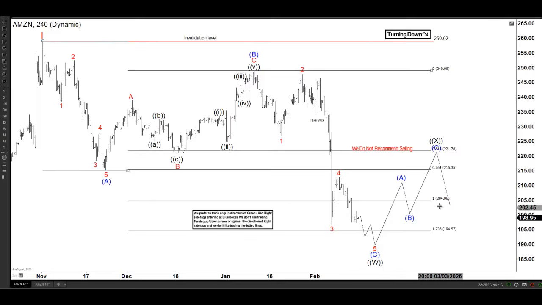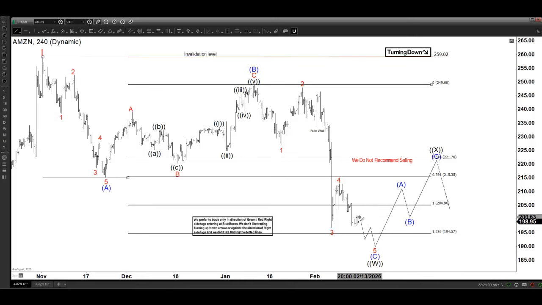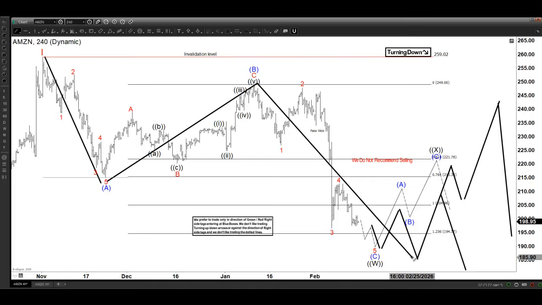In my opinion, Amazon is about to bounce, and Amazon here should do either this path, or maybe something like this is still possible before the bounce. The less likely scenario is that Amazon does something like this and then, instead of an ABC, it becomes a 5 waves decline.